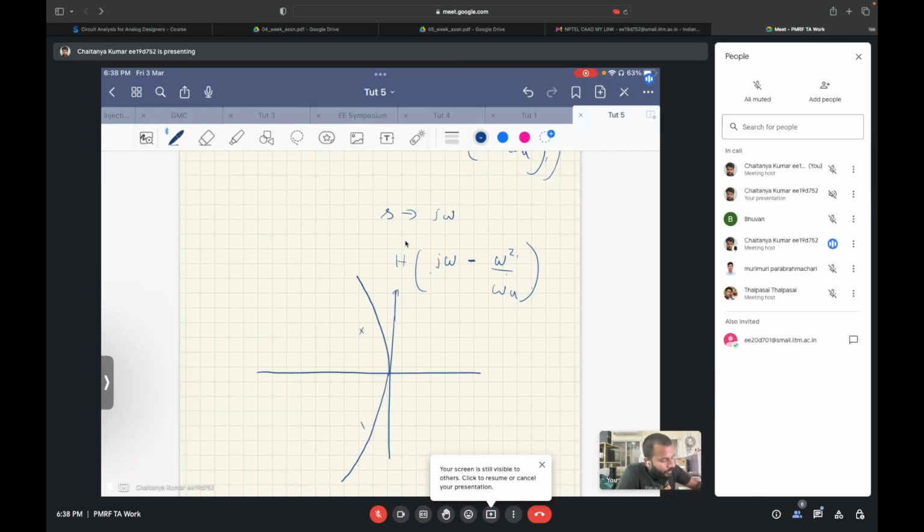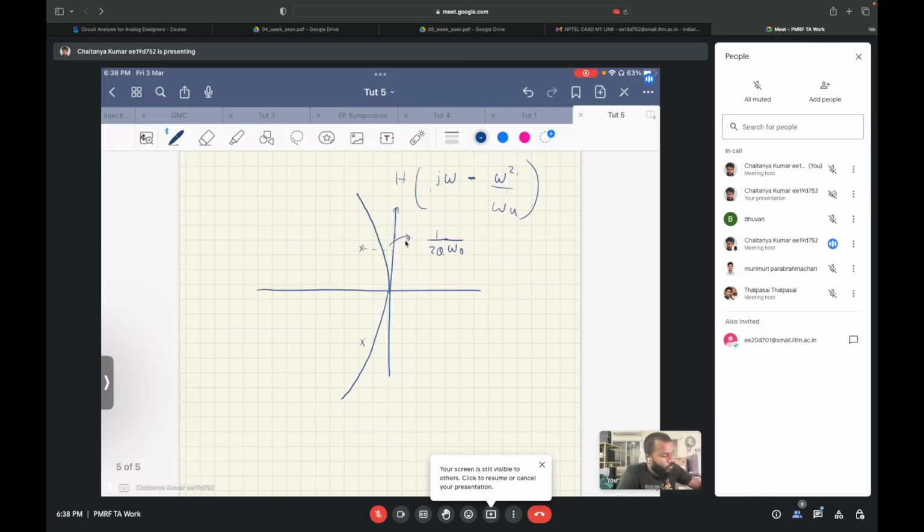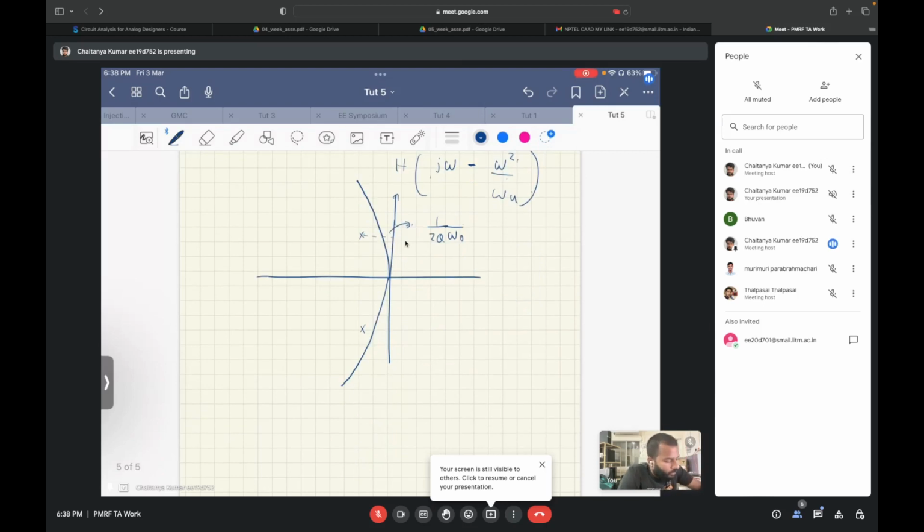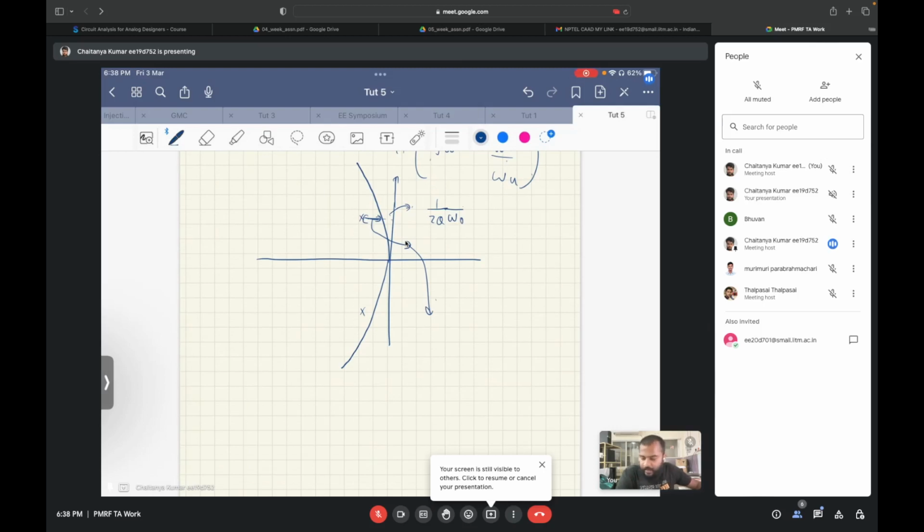So if the pole, let's say, was over here, this was 1 upon 2q omega naught, right? The enhanced quality factor was this distance, and from this distance we calculated it.